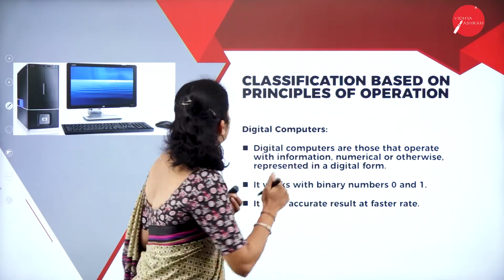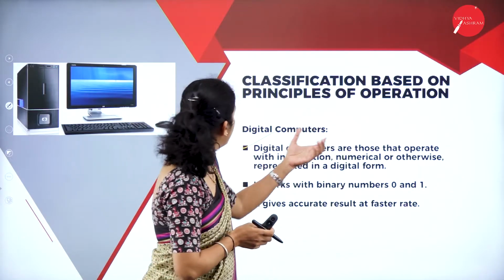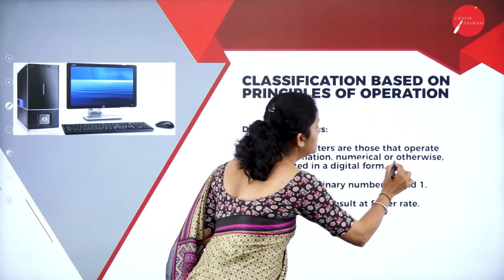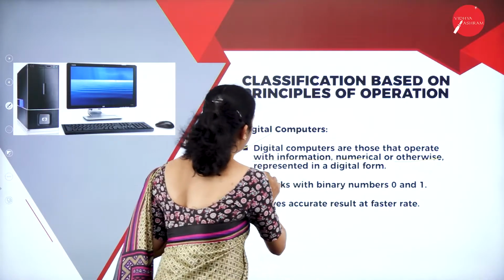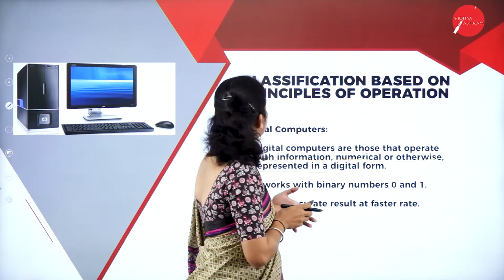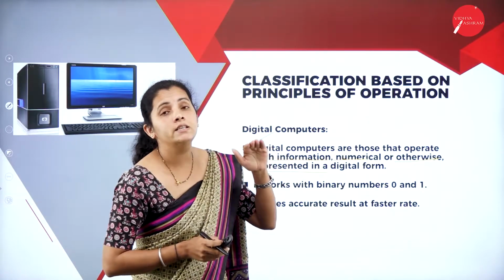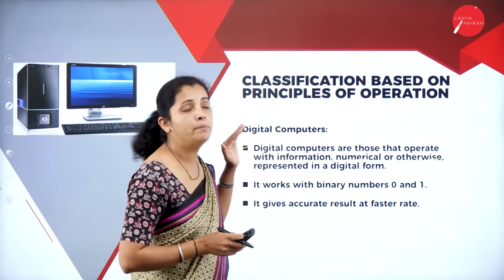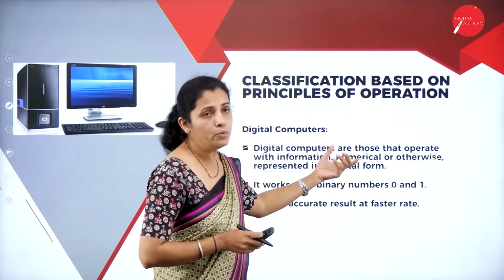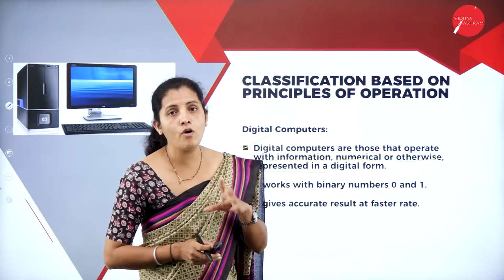So here digital computers are computers that operate with information, numerical or otherwise, represented in a digital form. That means digital computers operate based on information that may be in the form of numbers or represented in the form of digits.